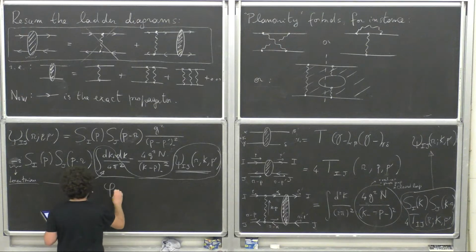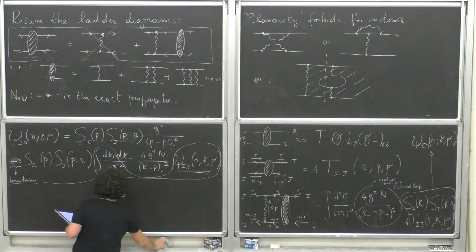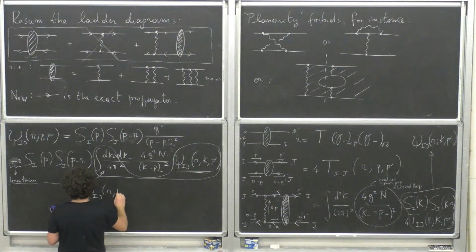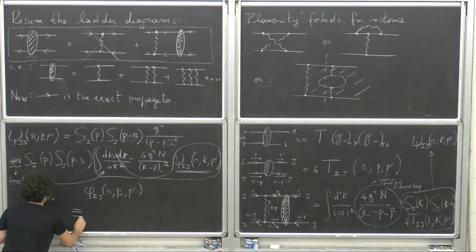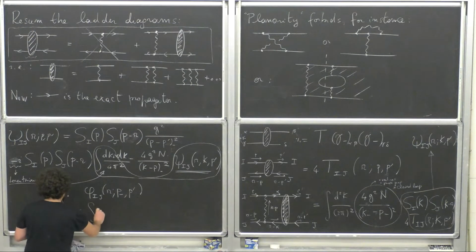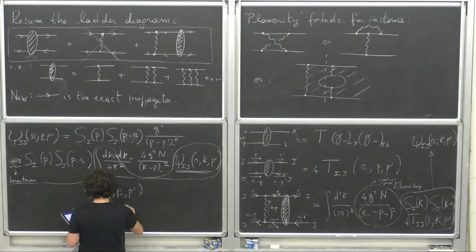So let's call phi ij. This is just now a function of, so phi ij of r, p minus p prime is defined to be the integral over dp plus over 2 pi of psi ij.